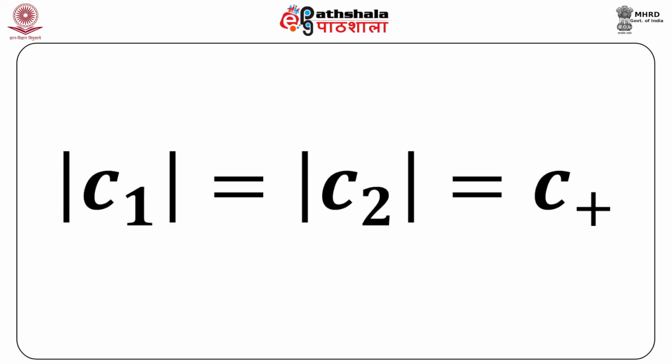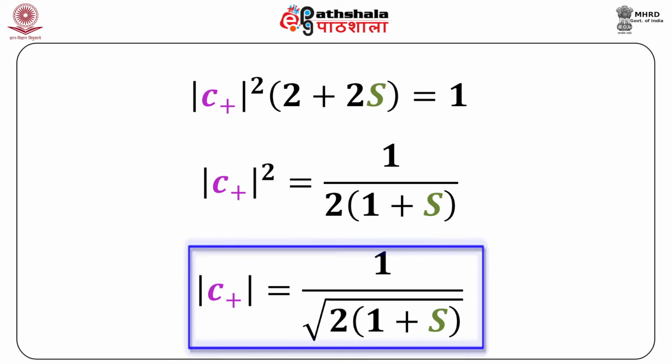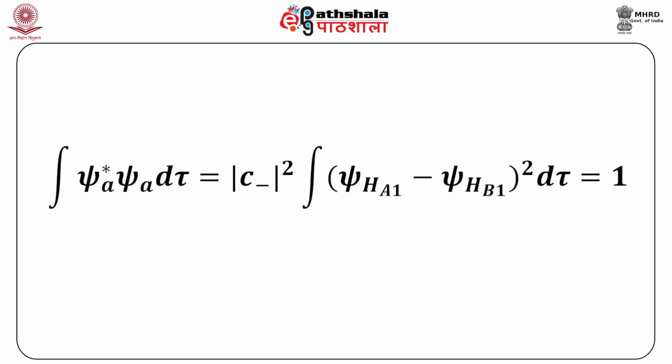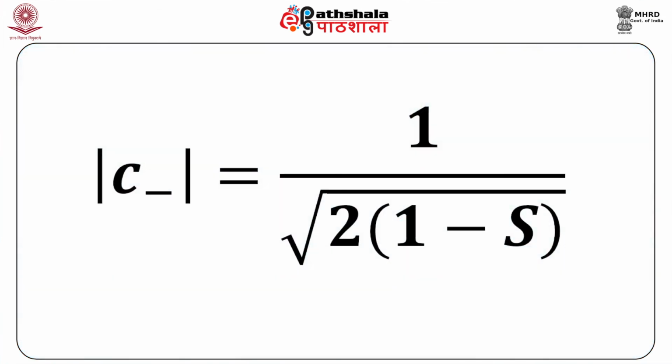When we take the additive combination, the value of the coefficient comes out to be 1 upon the square root of 2 into 1 plus S. Once we take the negative combination and apply the normalization condition, because one thing you should remember is that the molecular orbitals, whether bonding or anti-bonding, represent wave functions and they must be normalized, we get the corresponding coefficient, which is 1 upon the square root of 2 into 1 minus S.